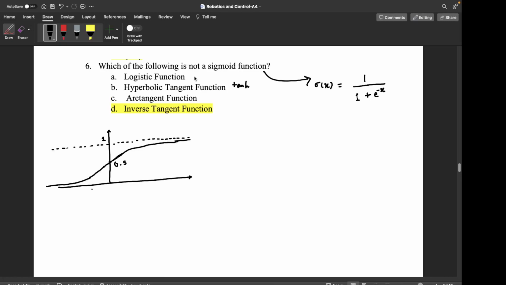Hyperbolic tan is tanh x. Arctangent and inverse tangent are the same, tan inverse x. If you see the plot of tan inverse x, you would see that it does not follow a similar trend, so you cannot classify it as a sigmoid function.